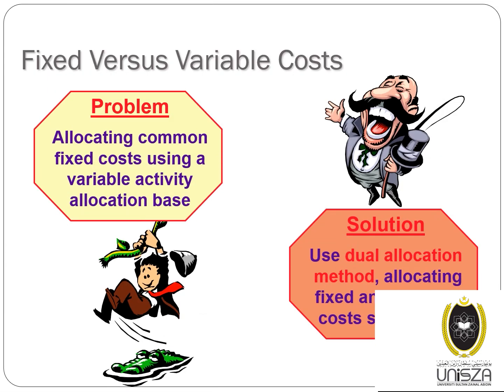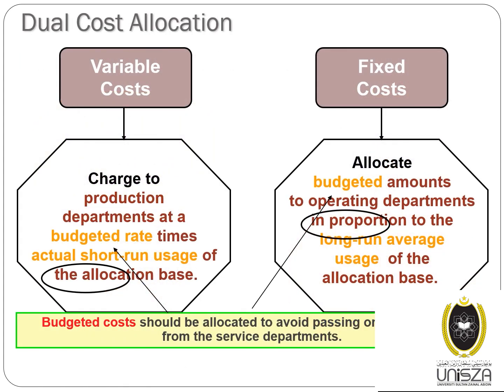So the problem is allocating the common fixed cost using a variable activity allocation base, and the solution here is to use a dual allocation method, which is allocating the fixed and variable costs separately. So we have the dual allocation where we separate the variable cost and the fixed cost.